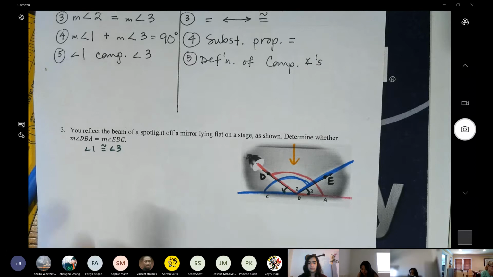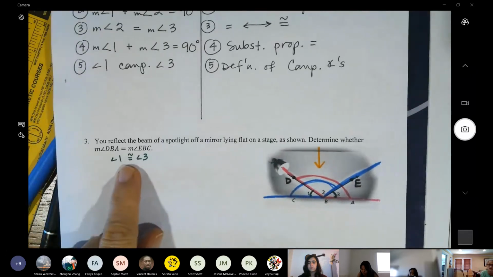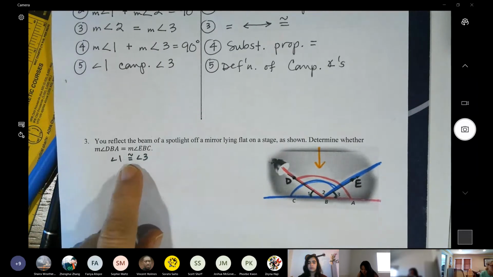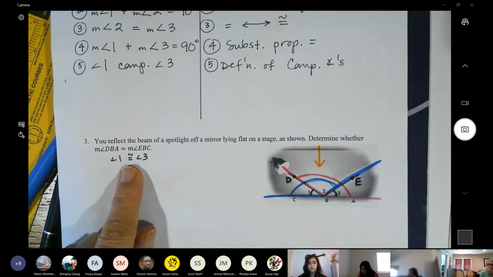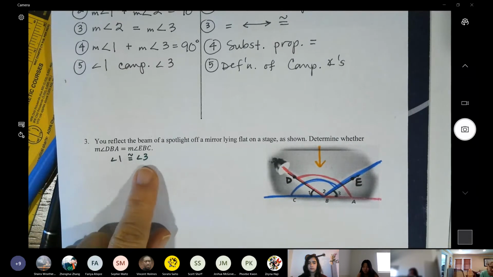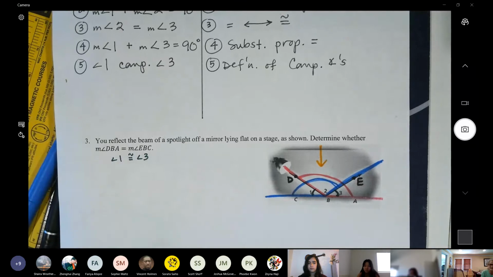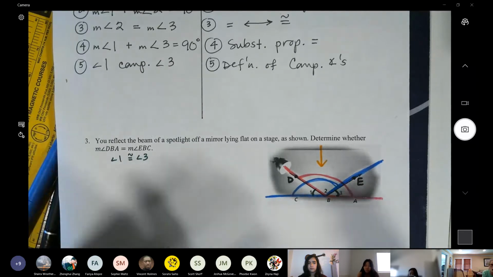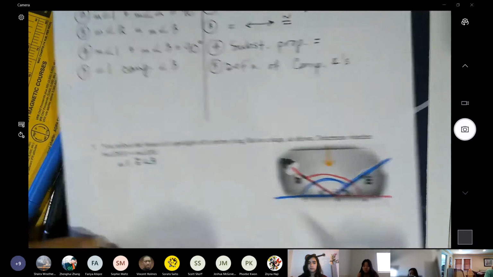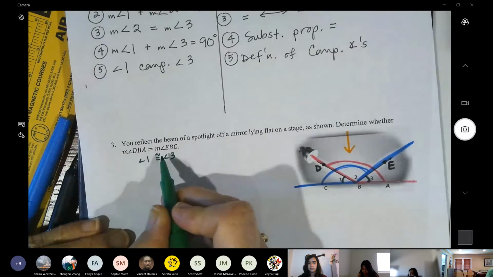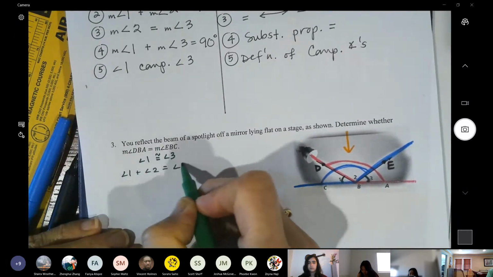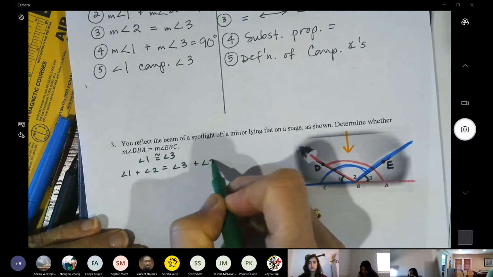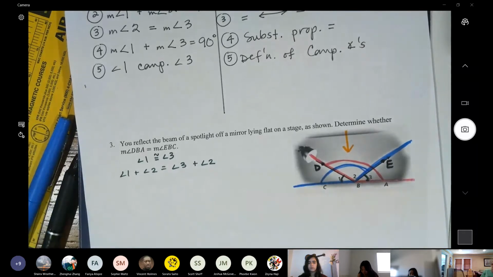Now, another thing you could do is start with this. What if I started with this because it's in the picture, and then I just added angle 2 to both sides? I can do that, right? So I'm going to sketch this again, talk my way through it. So if I had this, and then let's say I added angle 2 to both sides. I can do that with the angle addition postulate.